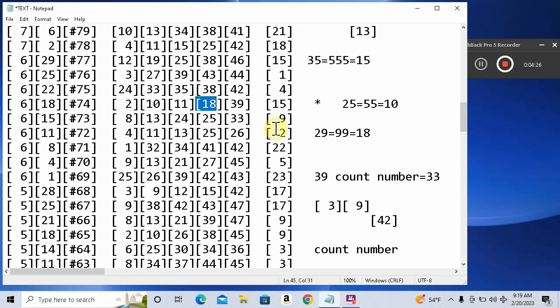The reason why is that the 29 carries the number 2 nines, right? What is 2 nines? 9. 9 plus 9 is equal to 18. So this number here, 29, got created because of that reason. And as you can see over here, you got 18. So there's a high probability that this 18 is going to be played out.